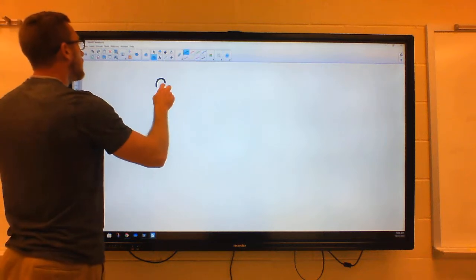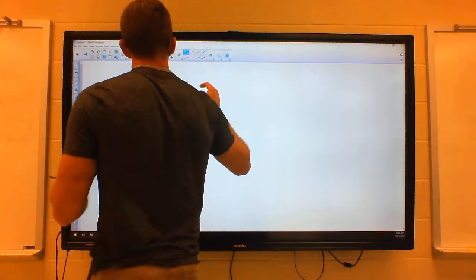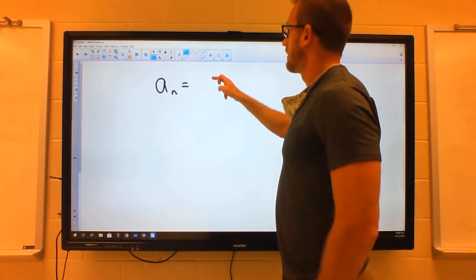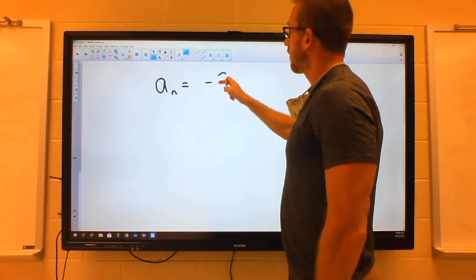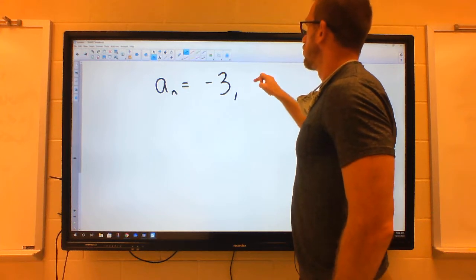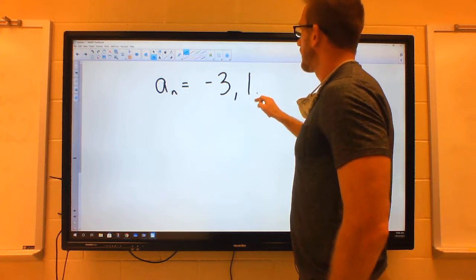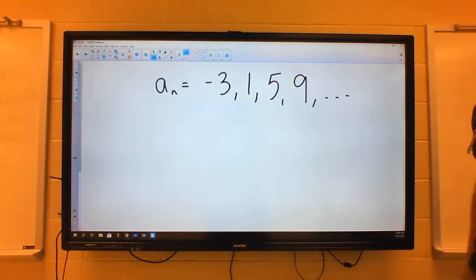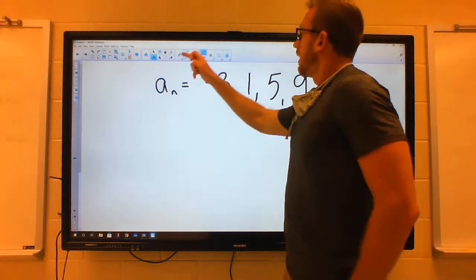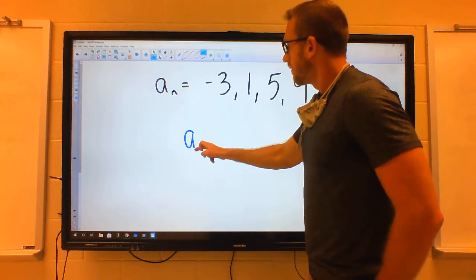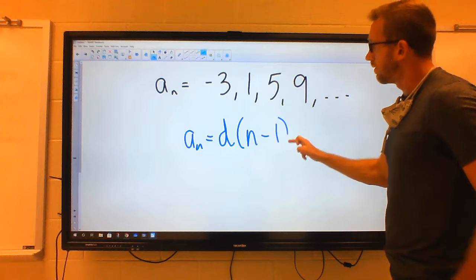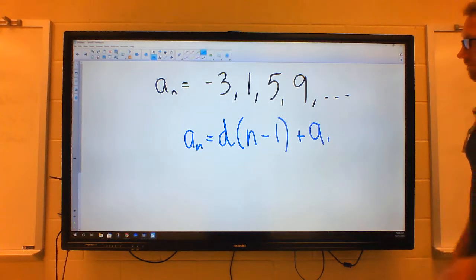So I'll try another one. an equals, I don't know, -3, 1, 5, 9. And let's use this method to find the explicit rule.